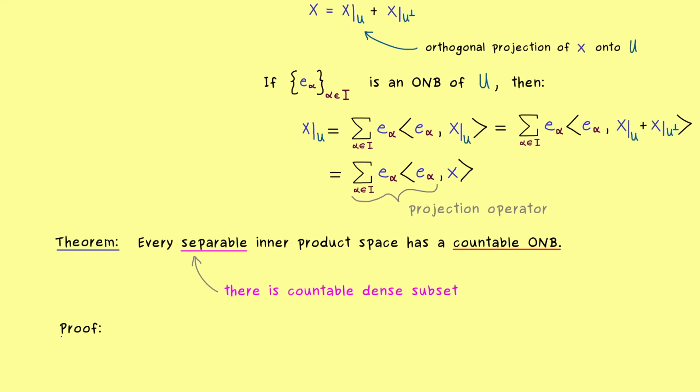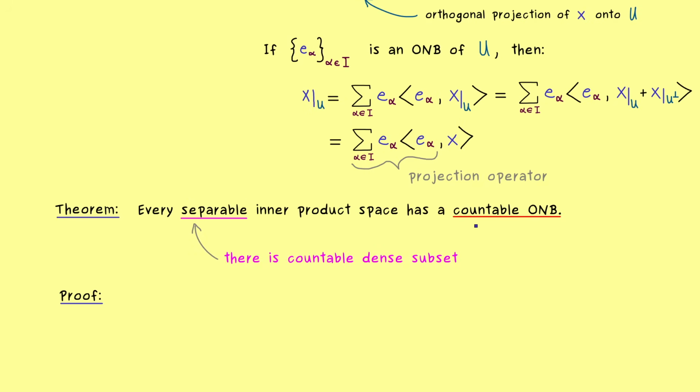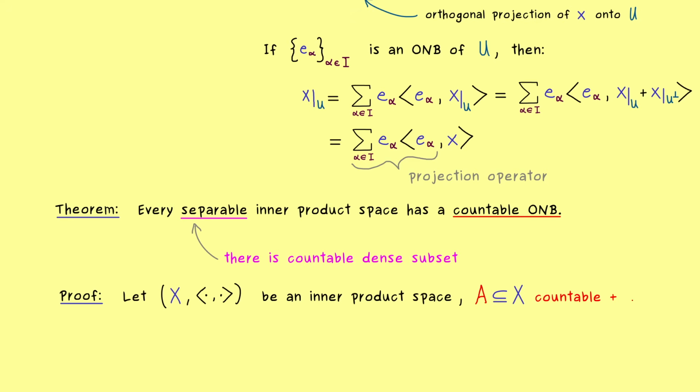And now exactly this assumption we can use to form a countable ONB. So the only assumption we have here is that we have an inner product space X and a countable dense subset A. This means we can just write that the closure of A in X is equal to X. And here please recall, countable just means that the cardinality of A is not bigger than the cardinality of the natural numbers.